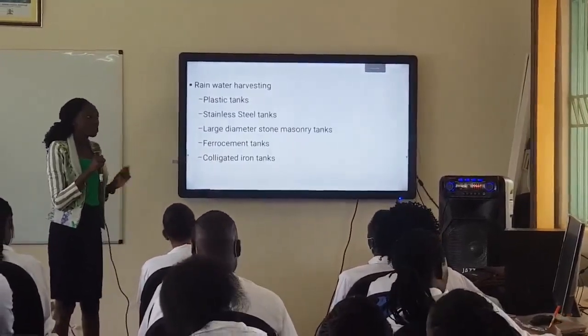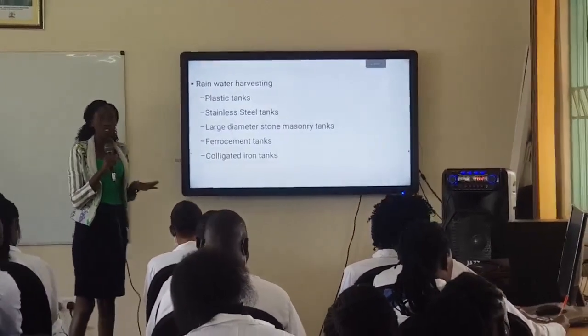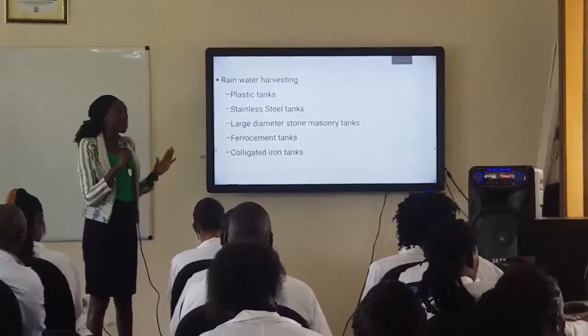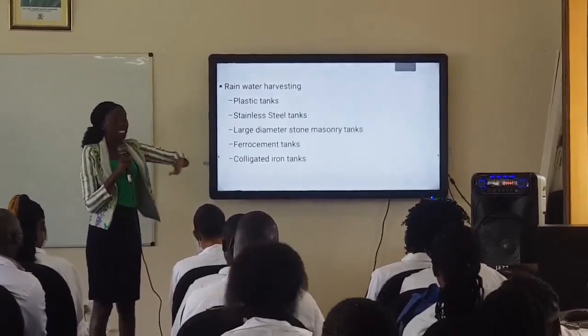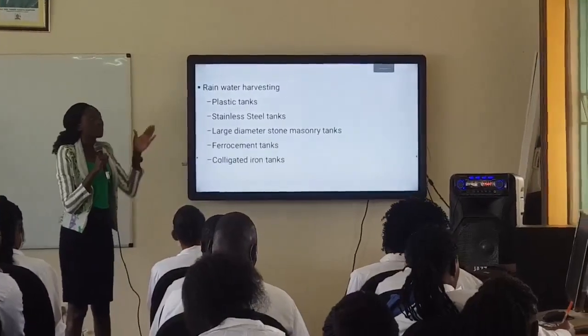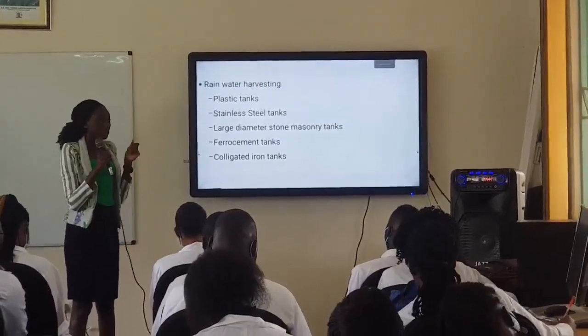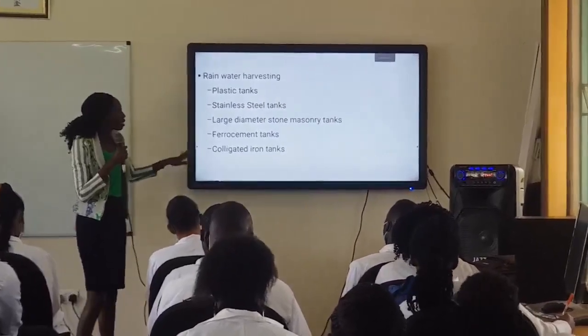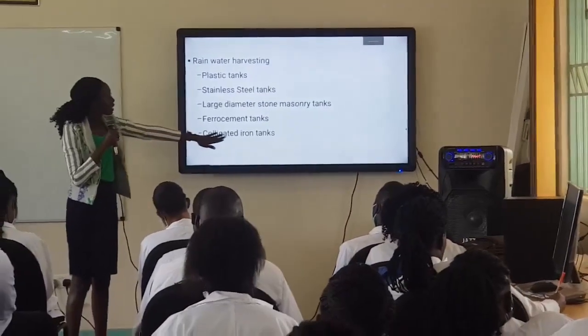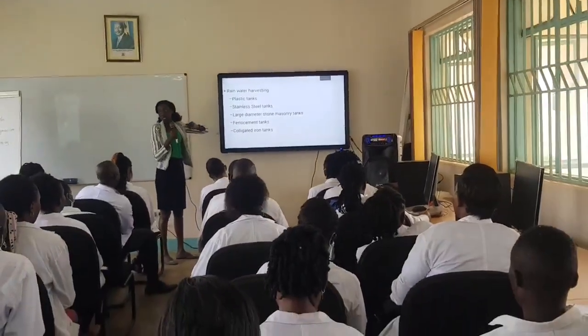Ferro cement tanks. For these ones, what we do is we get a metal mesh. Then after mixing our cement with water, it's just cast into that wire mesh until it dries up to form a solid shape. Then corrugated iron tanks. These are all around. You'll be seeing them.